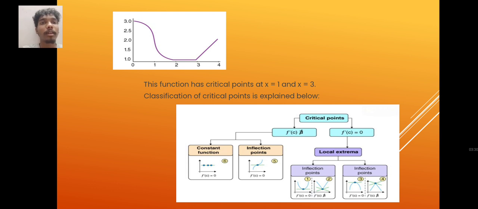Let's take the x-axis as 1, 2, 3, 4 and the y-axis as 1.0, 1.5, 2, 2.5, 3. This function has critical points at x equal to 1 and x equal to 3.